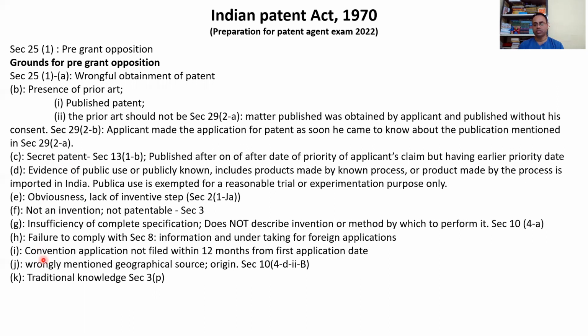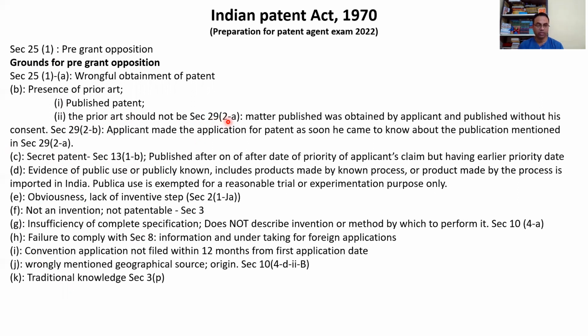And please read the actual text in the Patent Act, and then try to make your own notes. However, in these notes here also, I have given some additional details. For example, this prior art. It says the prior art, but it should not be as per section 29 onwards.